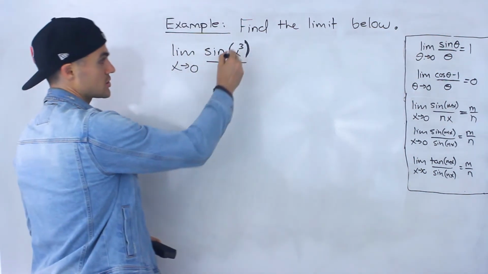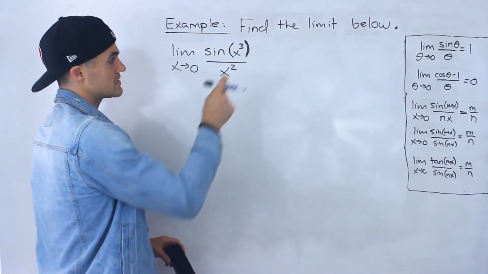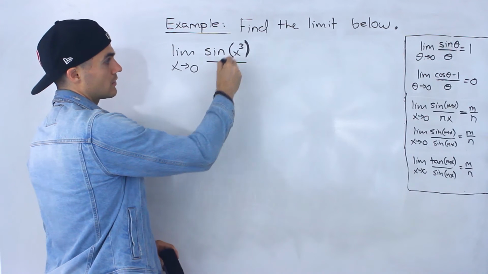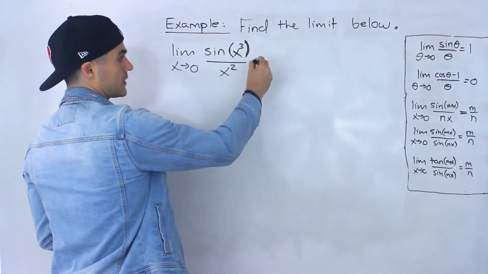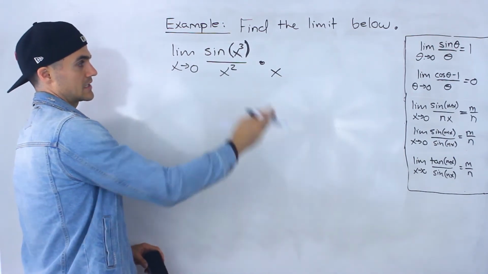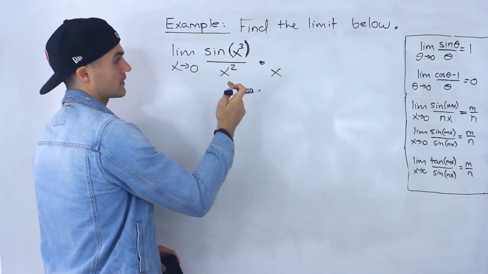But notice that x cubed and x squared are different. So we can't use this yet. So how can we make the denominator be the same expression as this x cubed here? Well, we can multiply the denominator by x, because x squared times x would give us x cubed, that same expression here in the brackets.